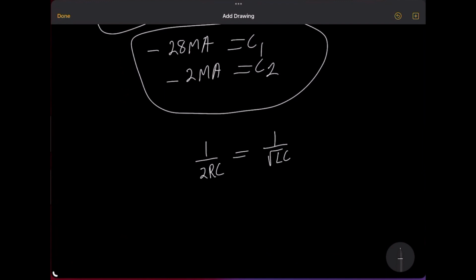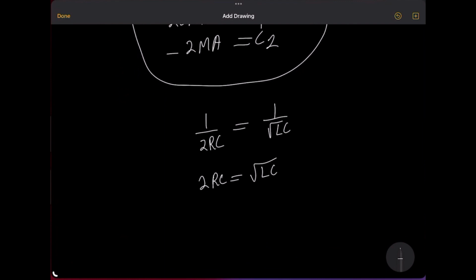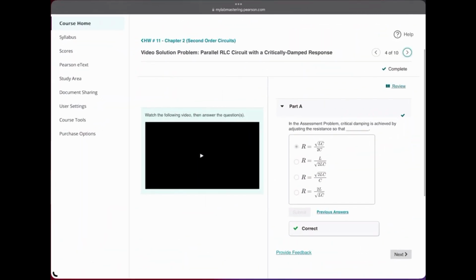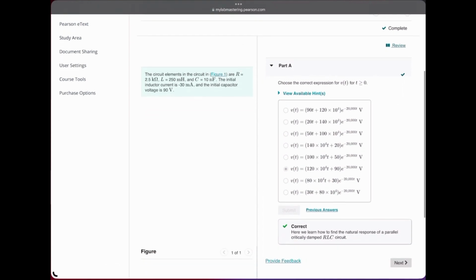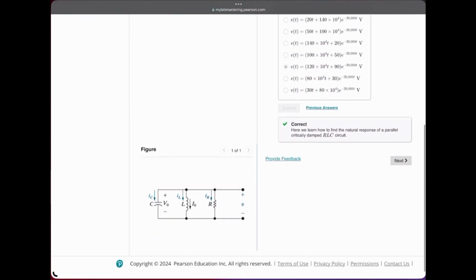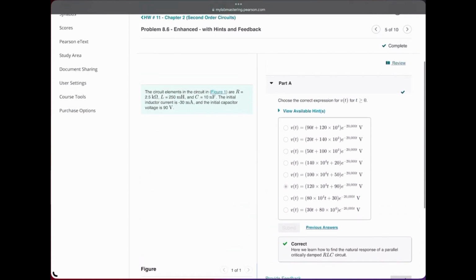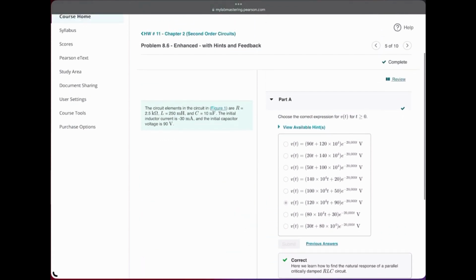Grab the reciprocal of both sides. 2RC is equal to root LC. Divide the 2C over, and you're left with R, and that gives us root LC over 2C. Yep. Simple enough. And then for that circuit, we're going to have to actually solve that. That's another one of the cases, and I'll do that next time.